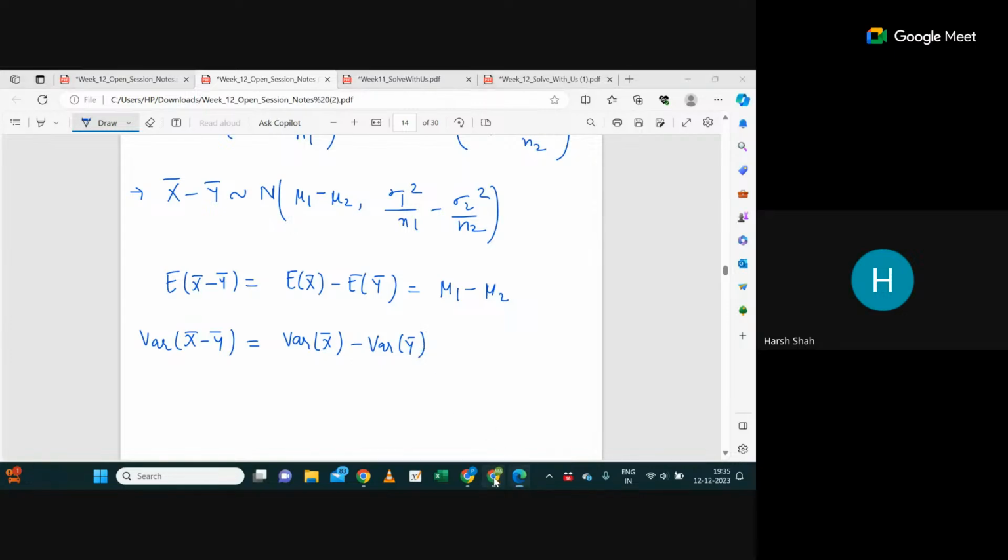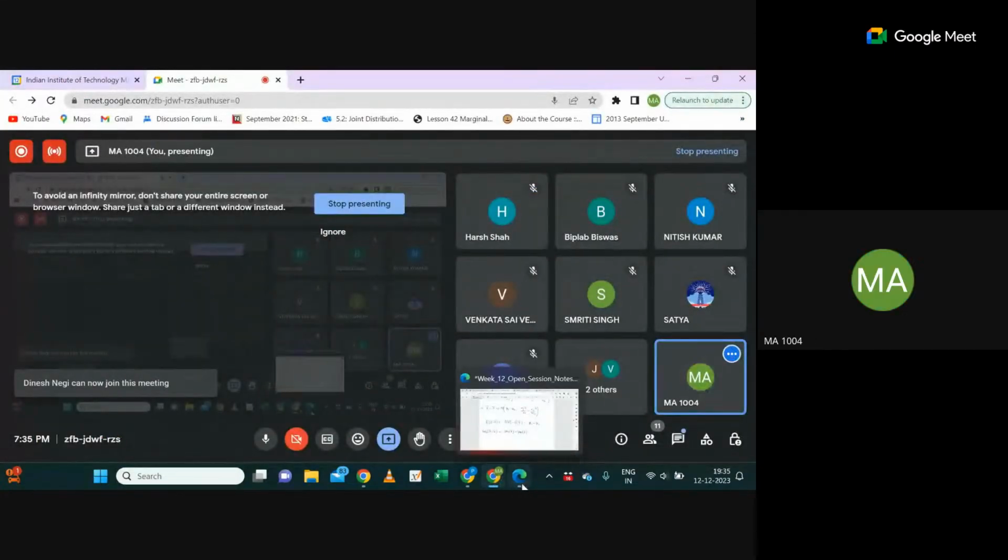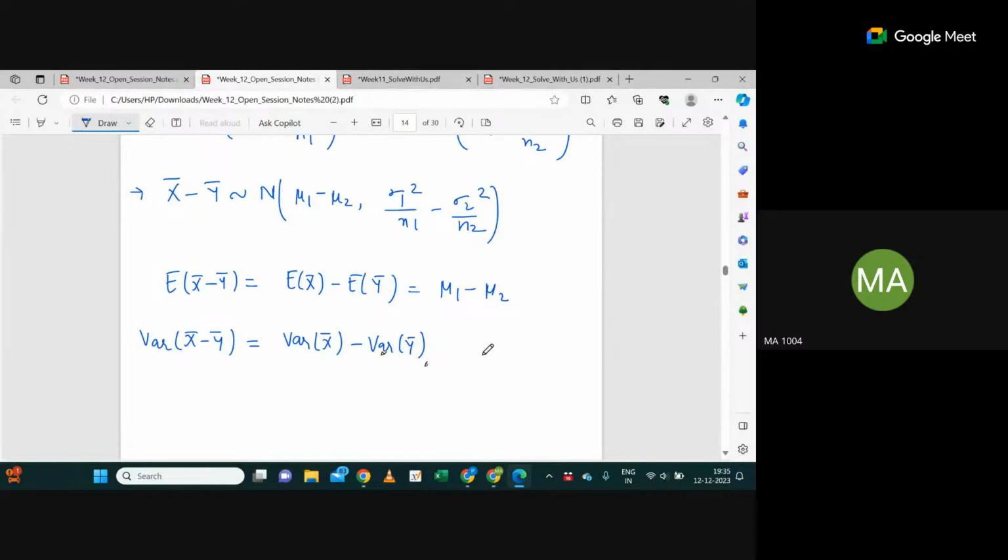Variance of x bar minus y bar, I can simply write as variance of x bar plus minus 1 times y bar.